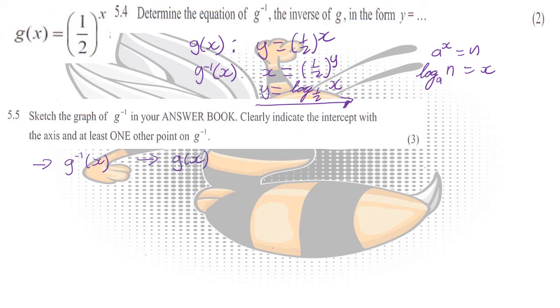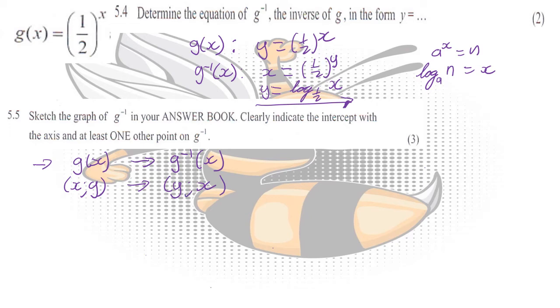So let me show you, let's say for instance g of x had a coordinate of (x, y), then if we take it to g to the power of minus 1 of x, which is the inverse of g of x, then my x and my y just swap around, so it becomes (y, x).